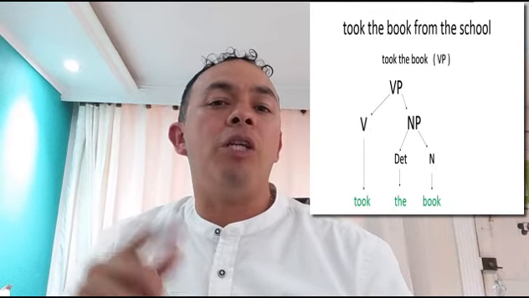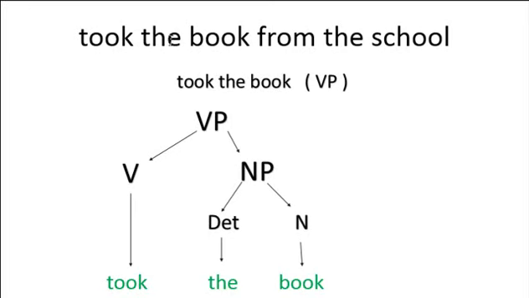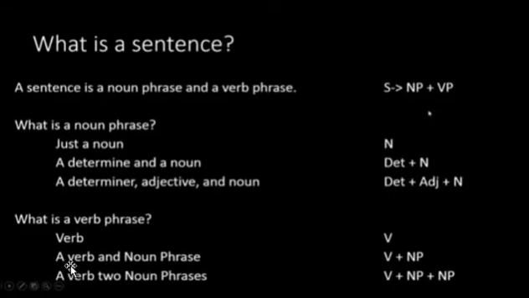Now we're going to continue with the next one, with the rest of the slide. Verb, determiner, and a noun is a noun phrase. As you can see here, you say a verb and a noun.